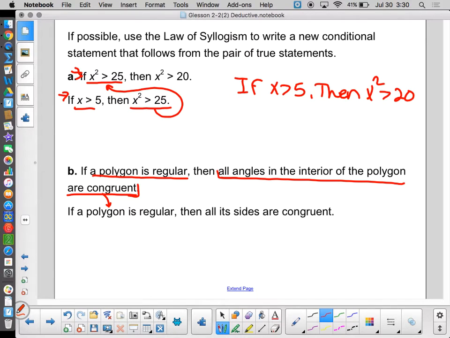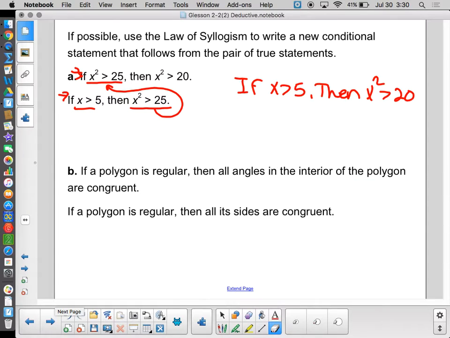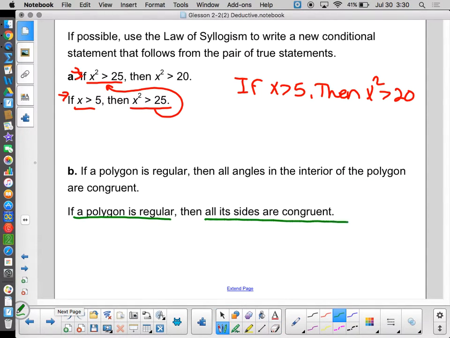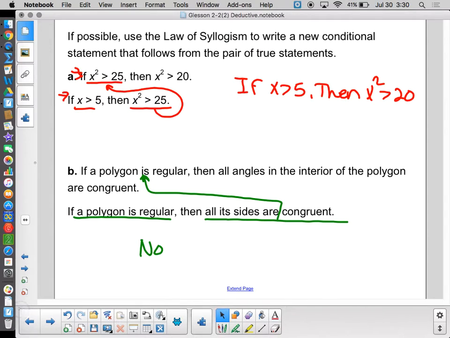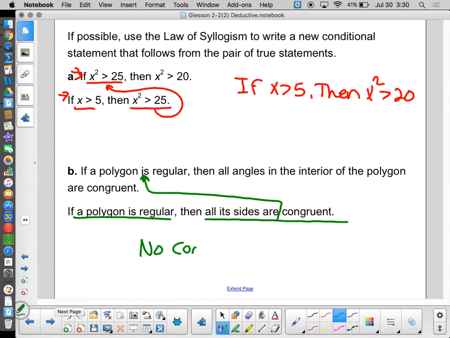It's not. Doesn't look like syllogism. Well, let's try it the other way. Let's do the other order. If a polygon is regular, then all its sides are congruent. If all the sides are congruent, is that the first statement? It's not. Do I have a syllogism? No, I don't. No conclusion.